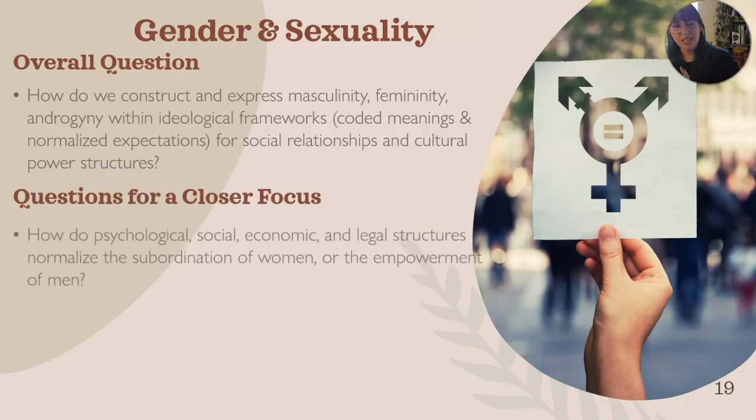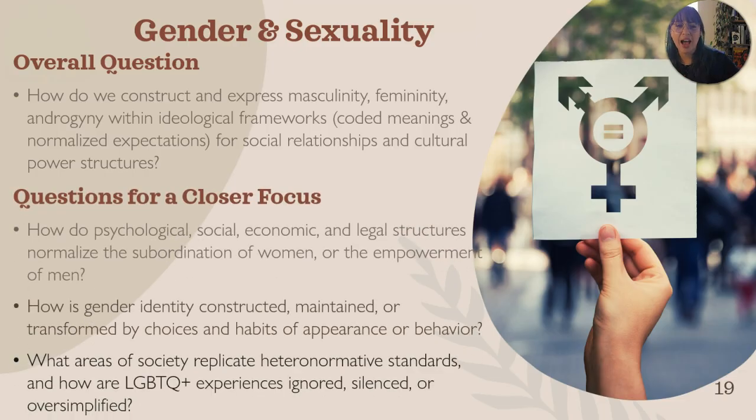To dive deeper into this lens, we might ask how certain psychological, social, economic, or legal structures normalize the subordination of women and the empowerment of men. We might ask, how is gender identity constructed, maintained, or transformed by choices and habits for behavior and appearance.